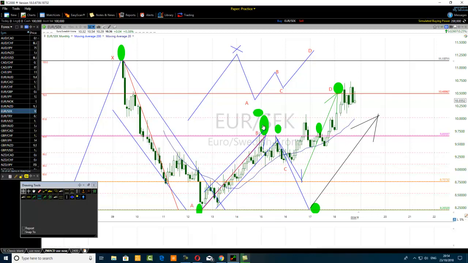Normally they will say it should come all the way here, 61.8% of XA, that's AB, before the BC can go down a minimum of 38.2%, maximum 88.6%.